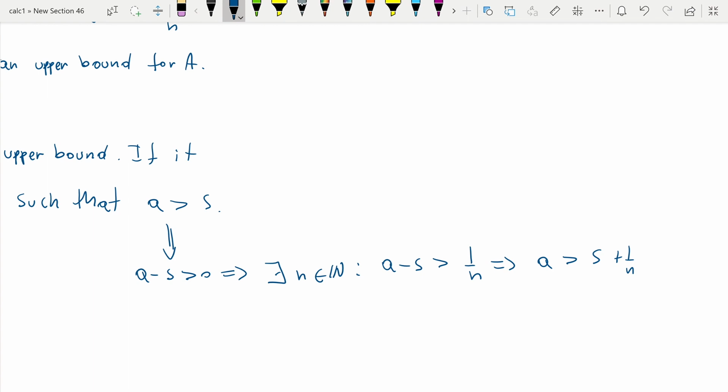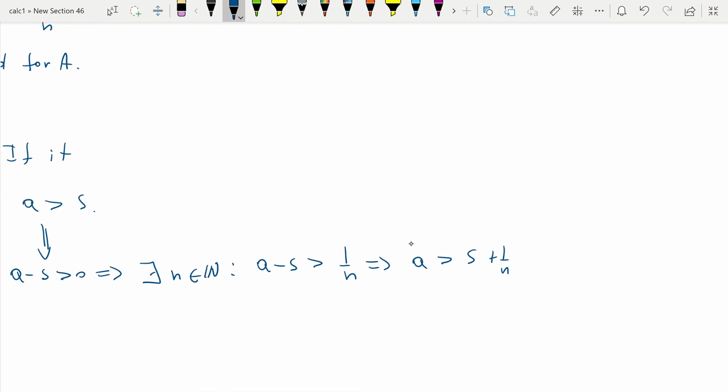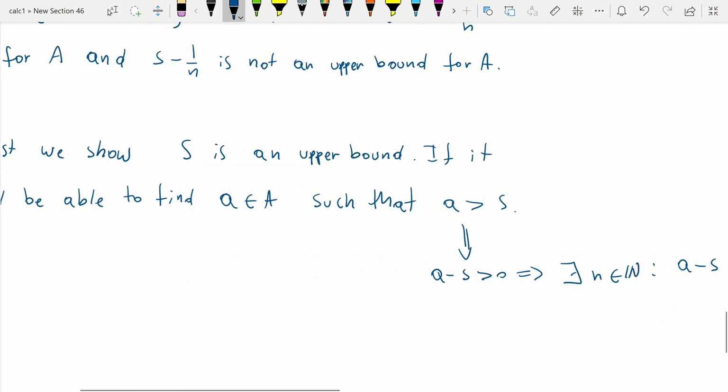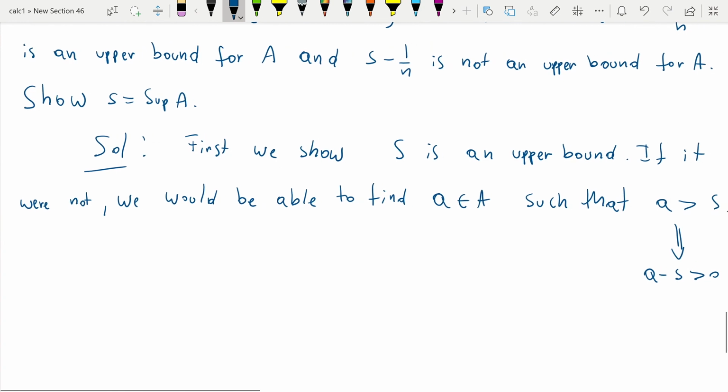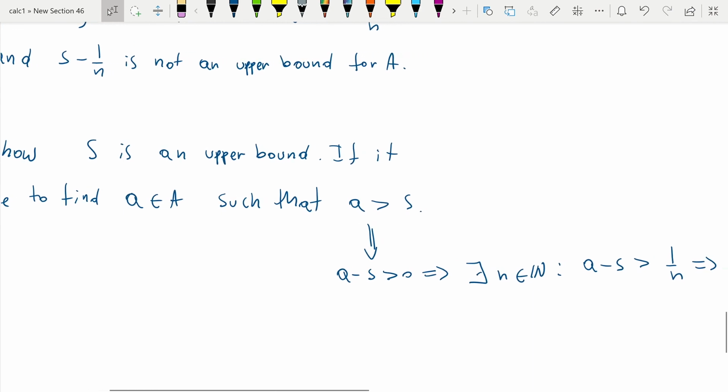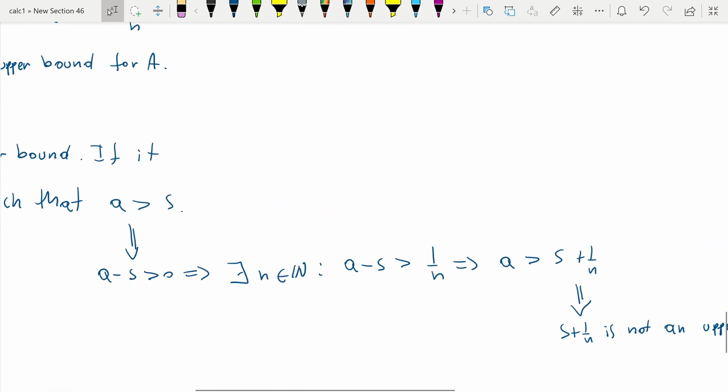So S plus 1 over n is not an upper bound. So this is impossible, because we said that for every n, S plus 1 over n was an upper bound for the set. But we found an element in the set that is bigger than S plus 1 over n, so that is a contradiction.